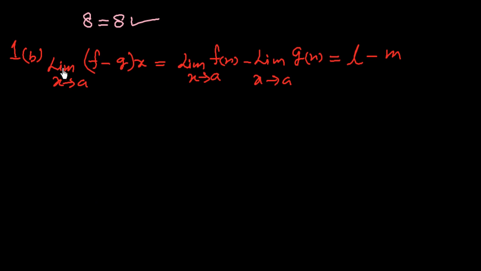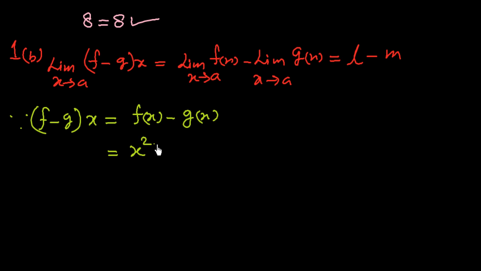Now first of all we have to make the function f minus g. So first we make this function, because (f minus g)(x) is equal to f(x) minus g(x). So f(x) is x square plus 3, and g(x) is x minus 1.